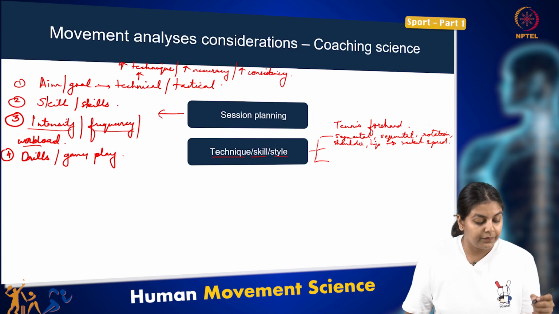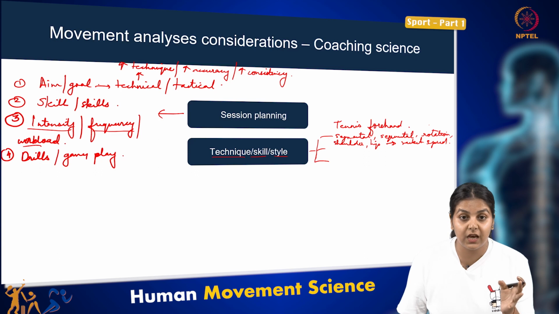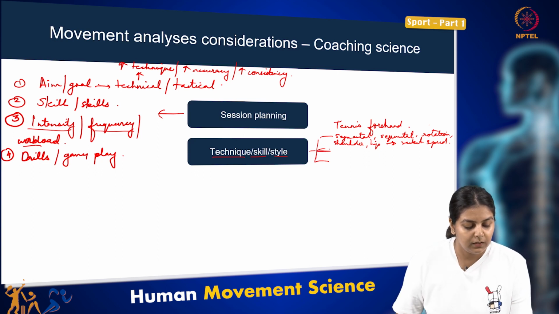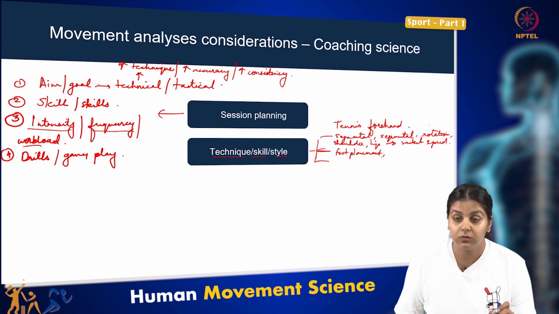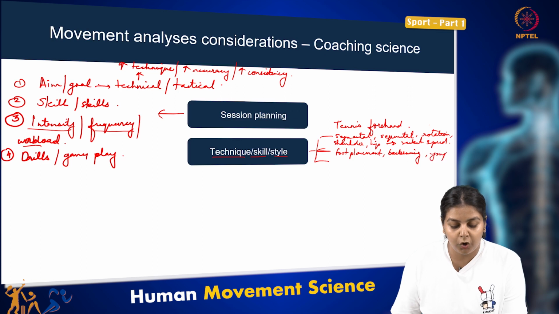However, your style could be the way you stand, so your foot placement. That could vary between individuals. Foot placement could vary, your backswing could vary, whether you jump or not while you hit the ball could vary.